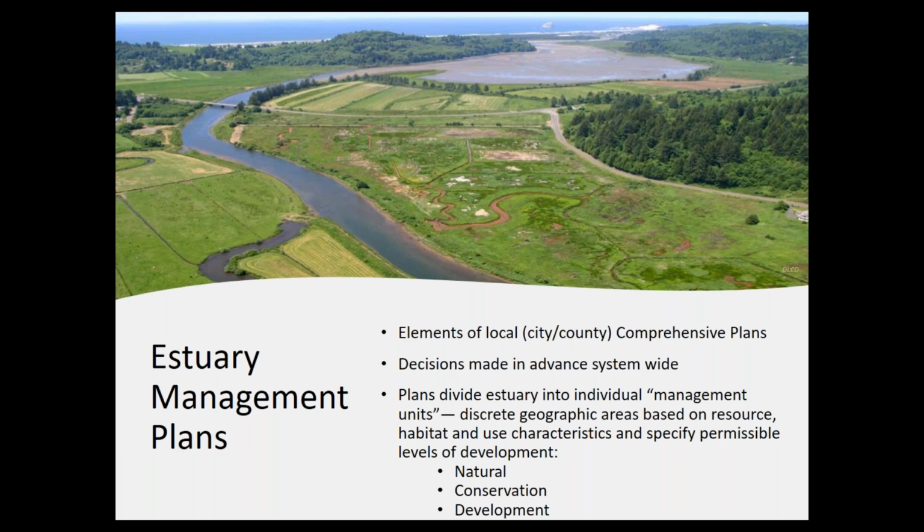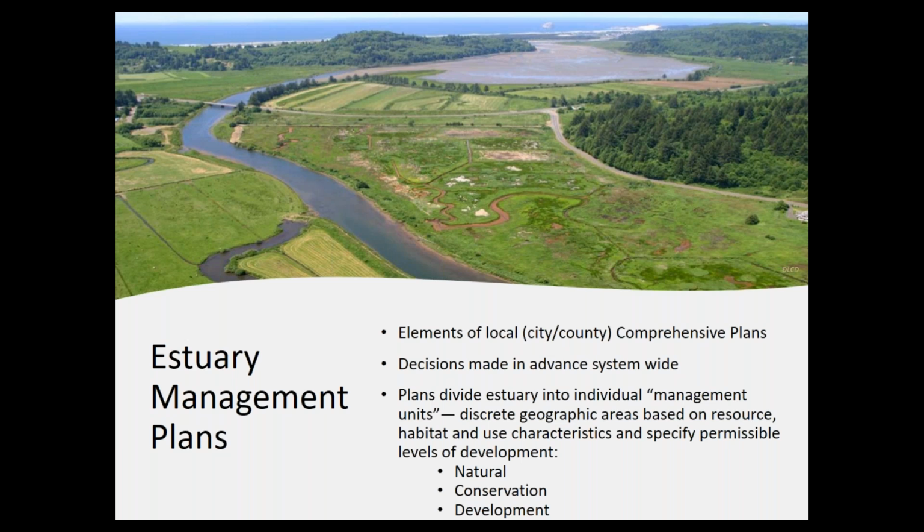Now, elements of your local city and county comprehensive plans. Again, the Coos Bay Estuary Management Plan is a very large plan that goes through three different jurisdictions. That's why it's important that we work with our partners to make sure that if a change is made in one plan, it's done consistently through the other plans, so those protections remain in place.